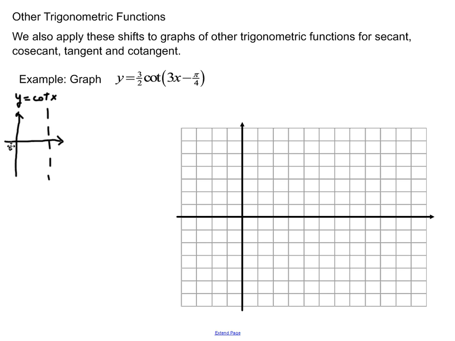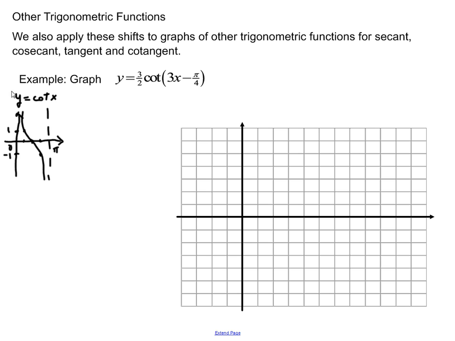It passed through the x-axis halfway through the cycle. At my quarter points, it would have passed through positive 1 and negative 1 respectively as I go left to right, and it would come down along these points and down along our vertical asymptote.